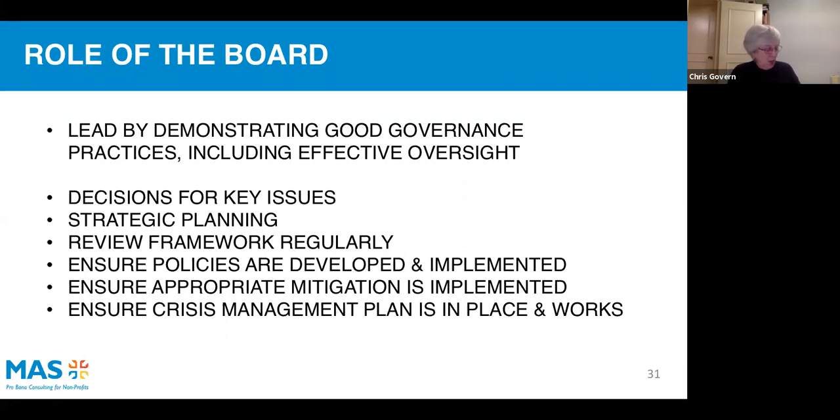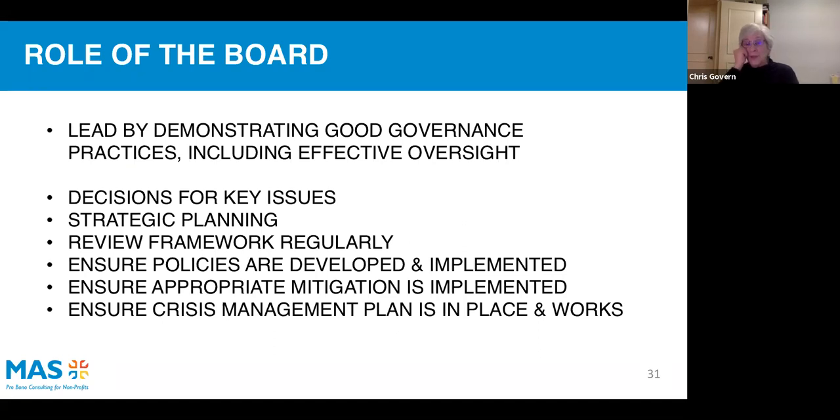So let's talk about the role of the board in risk management. First of all, the role of the board is to lead by demonstrating good governance and effective oversight. If the board itself is not operating in line with best practices around governance, it sets a very bad example and a bad tone for the organization around risk management.